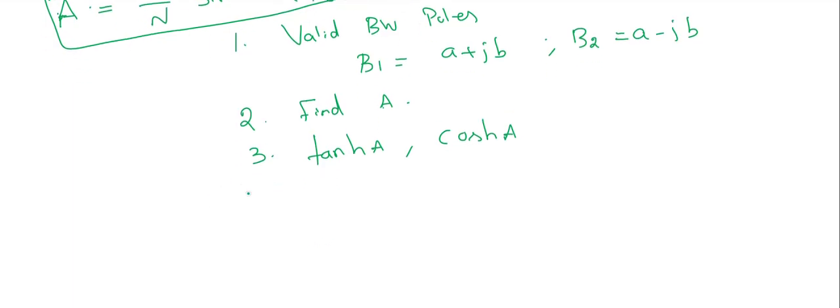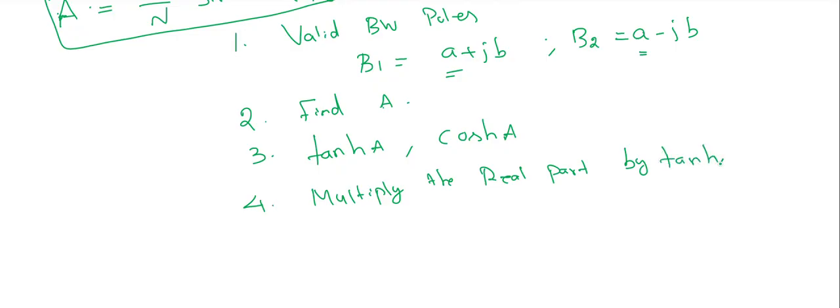Then the fourth step, multiply the real part by tanh A. So this is called normalization.